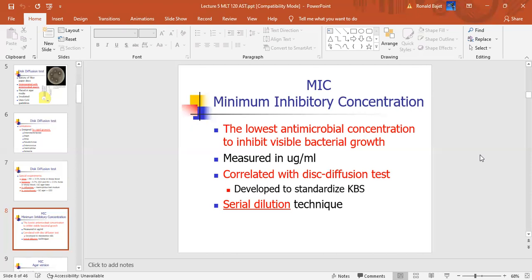So this is 1, 2, 4, 8, 16, 32, 64, 128, 256.